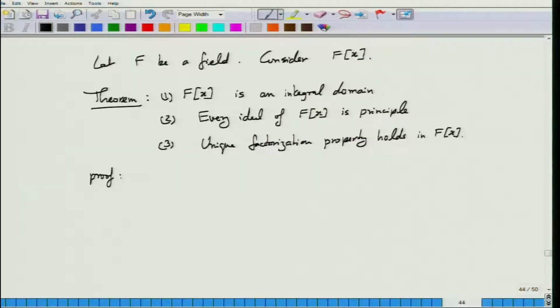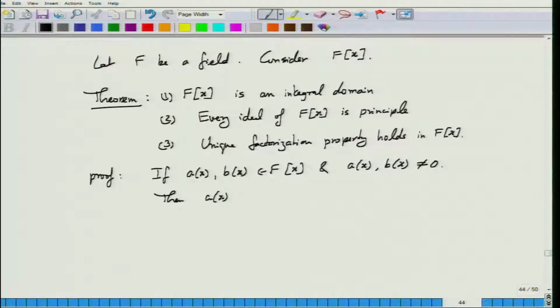The first one is quite clear. If A(x) and B(x) are in F[x] and they are non-zero, then A(x) times B(x) will also not be 0.